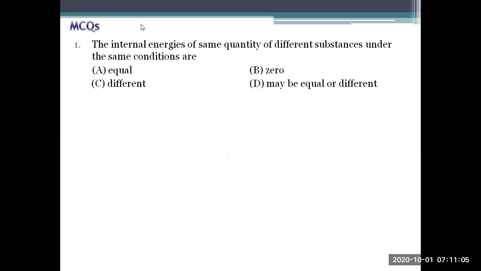Internal energy of the same quantity of different substances under the same conditions.